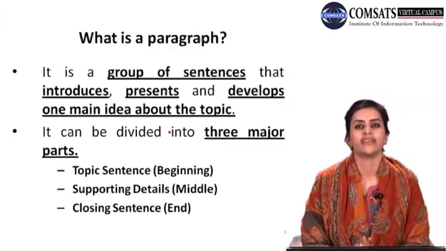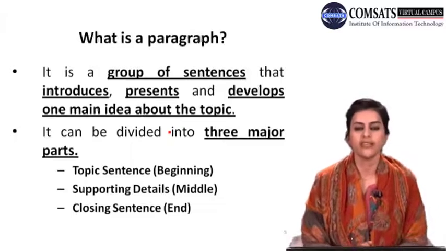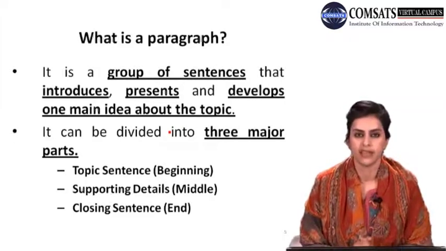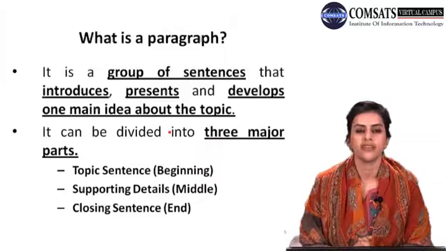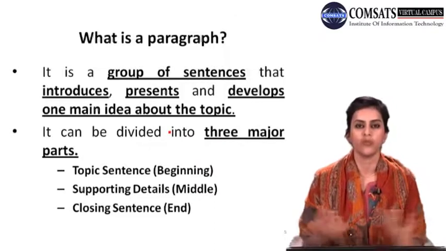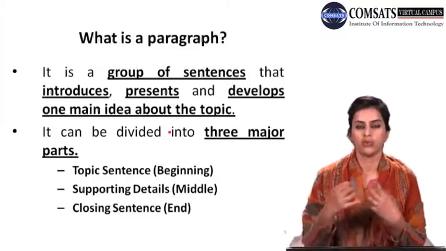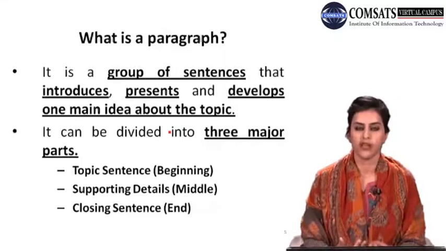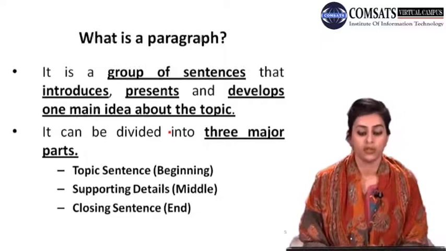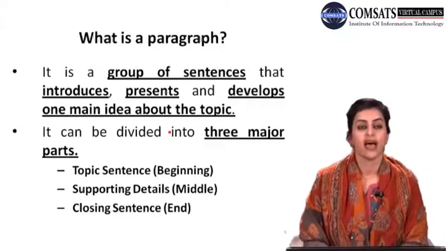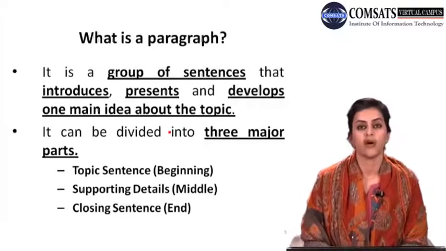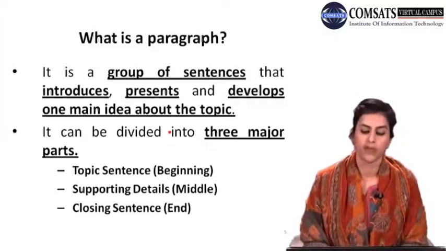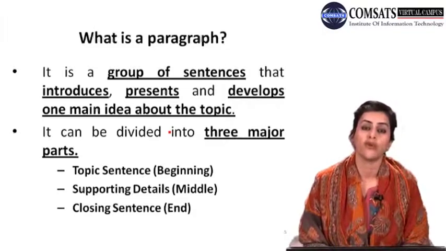So to begin with, let's see what a paragraph is. Let's see the definition. The dictionary definition of the paragraph says that it is a group of sentences. There are different sentences in a paragraph, maybe 2, 3, 4 or 5 sentences, to make it a group that introduces, presents and develops one main idea about a particular topic, or about only one topic.